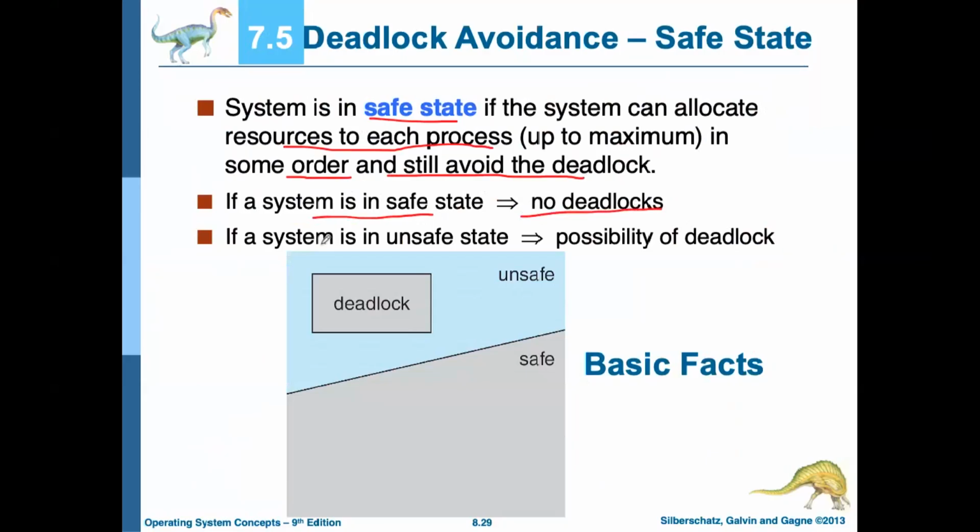If a system is in an unsafe state, there is a possibility of deadlock occurring in the future. So this is the basic fact that we need to accept: deadlock is an unsafe scenario, and the safe one is without deadlock.